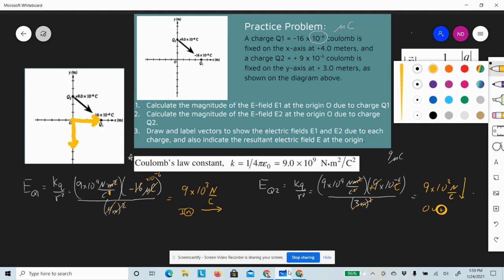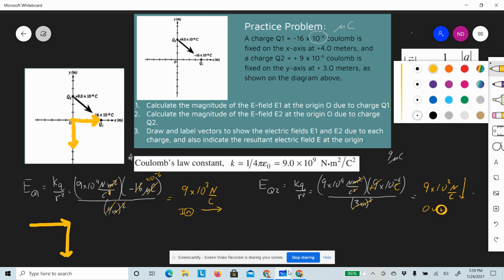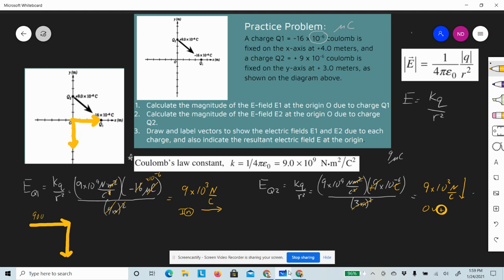Now, do this math, vector addition. That way, when we add them tip to tail, basically what we have to do is have 9,000 newtons per coulomb over here and 9,000 newtons per coulomb over there.